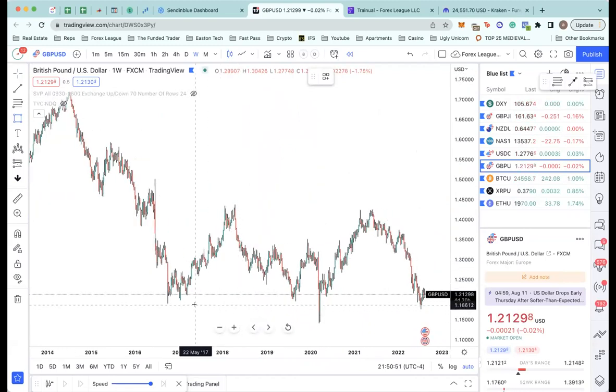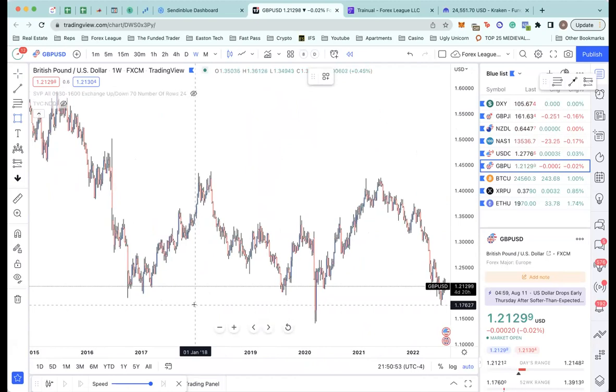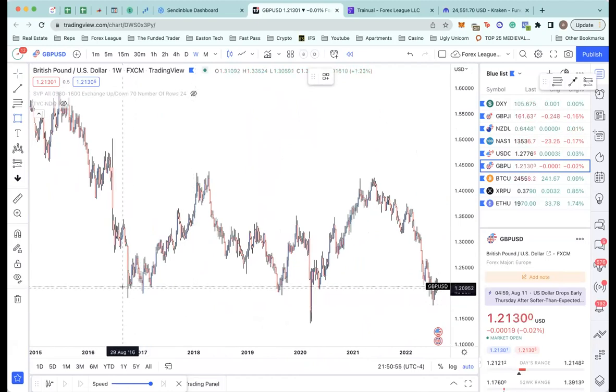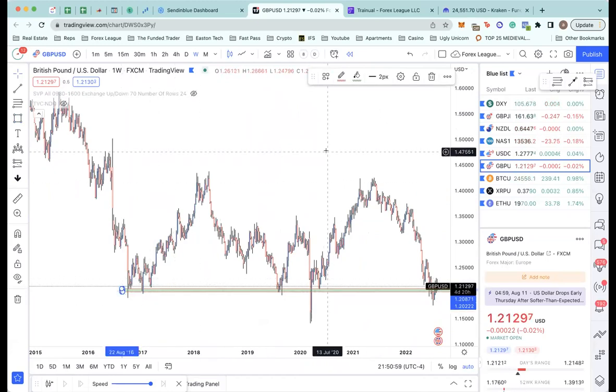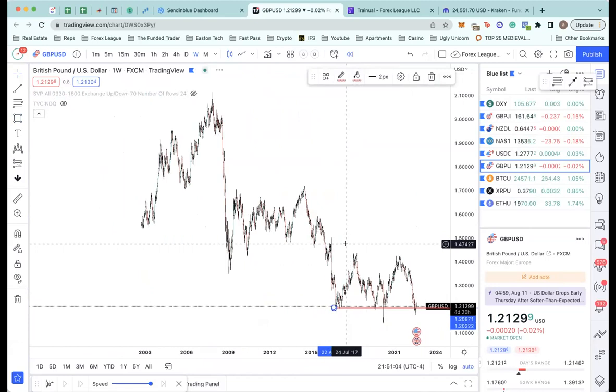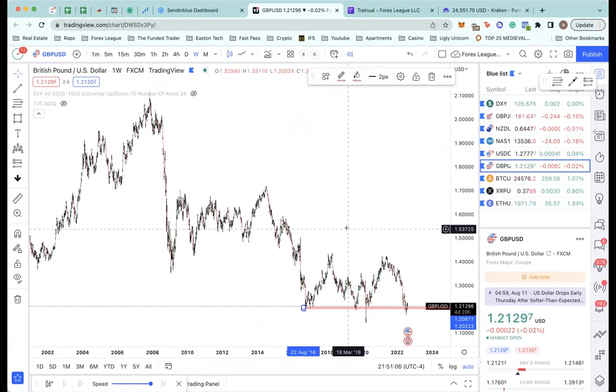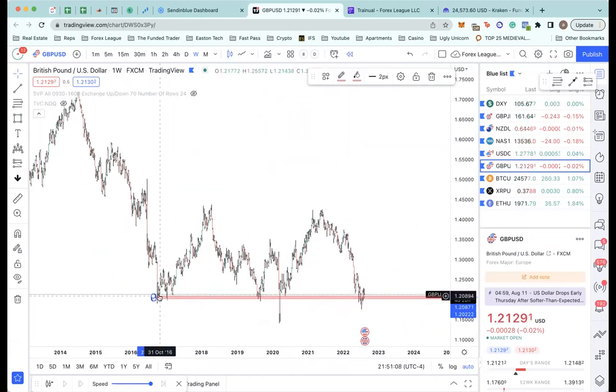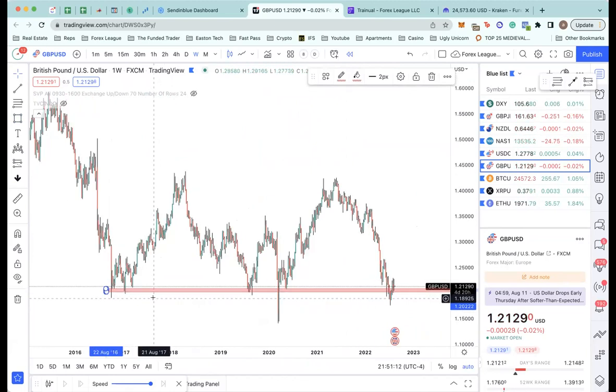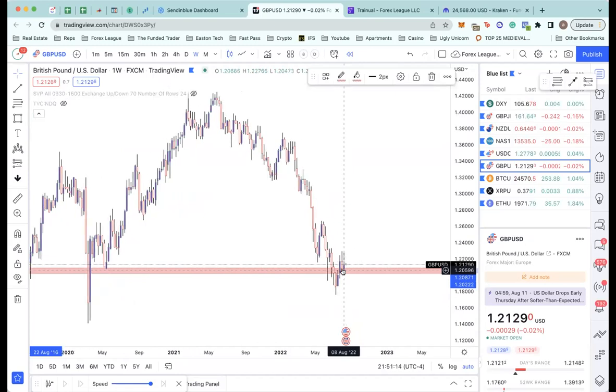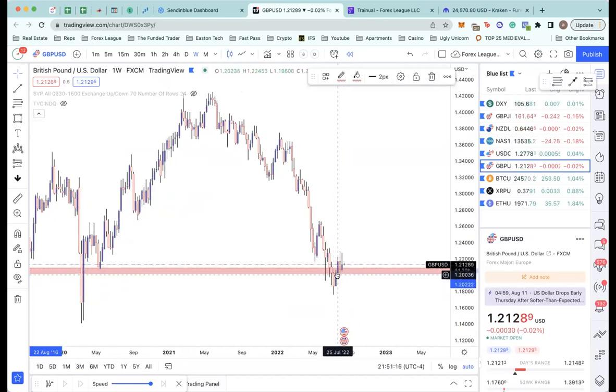So basically on GU, for y'all that don't know, this pair has actually never closed below this area before. So price is in an area that it's really never been previously, zooming all the way out. This 1.2 level, we've really never closed below here until, look at this, closed, follow up, bullish, bullish.